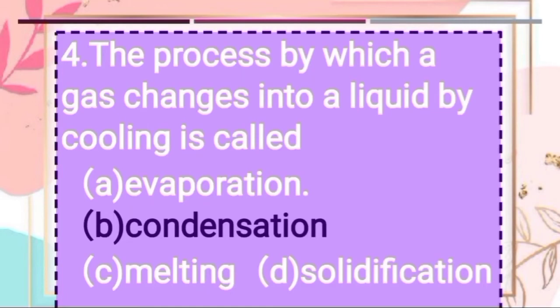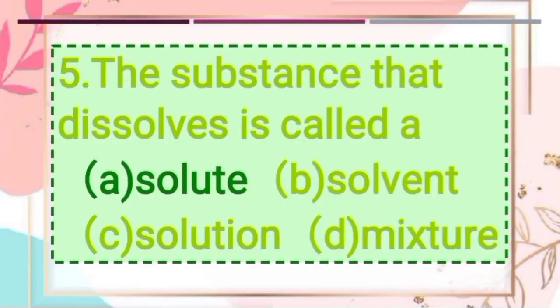The process by which a gas changes into a liquid by cooling is called, the answer is condensation, because condensation is the process by which water vapor in the air is changed into liquid form. The substance that dissolves is called, the answer is solute, because the substance in which the solute dissolved is called solvent, and solute and solvent together form solution.